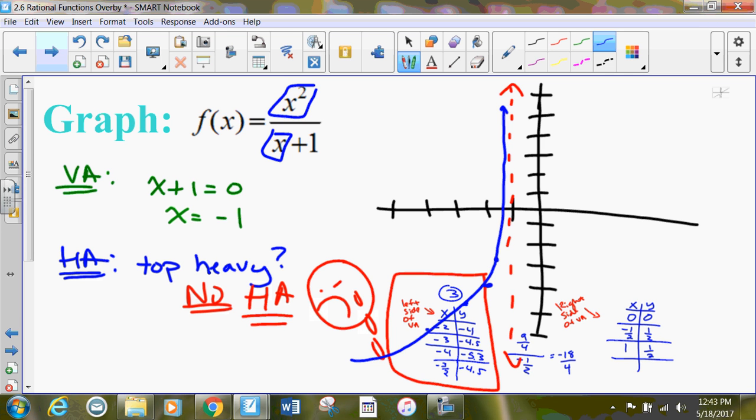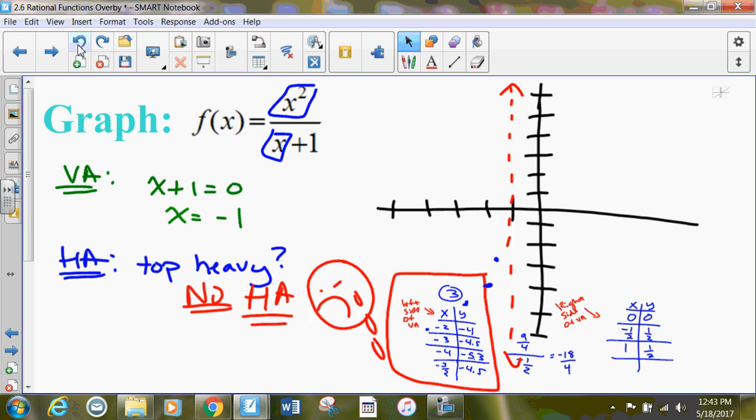We could go ahead and do a -1 point. Oh no, that's not what it's doing. Okay, I'm going to have to pause. I'm getting way too tired. Let me undo what I just did and pay attention to the points. That's what happens when you don't make a table. I am just borrowing a table, so I need to pay attention.